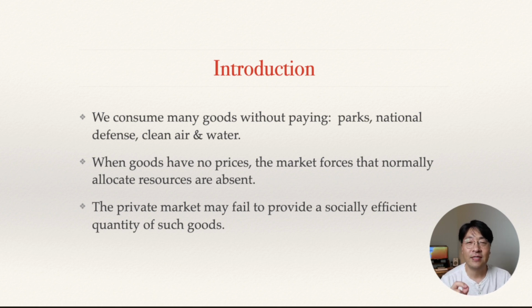Equilibrium price will be determined at the market. But with public goods, we cannot directly see the price of it. And if you insist on transacting it in the market, the market itself breaks down. Market fails. Why is that? We will see one by one from now on.